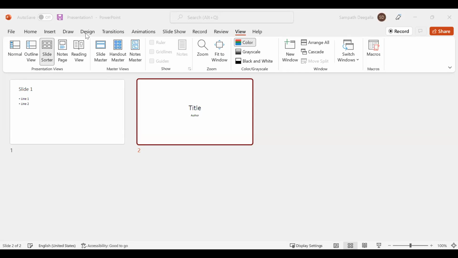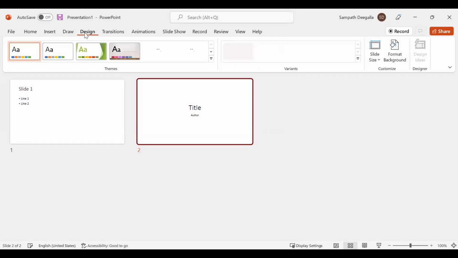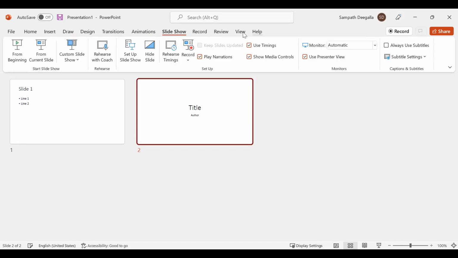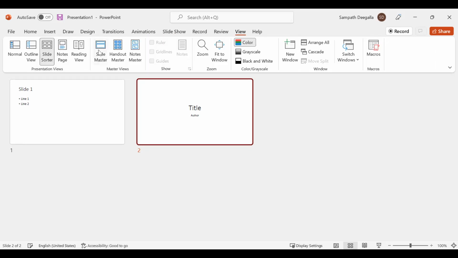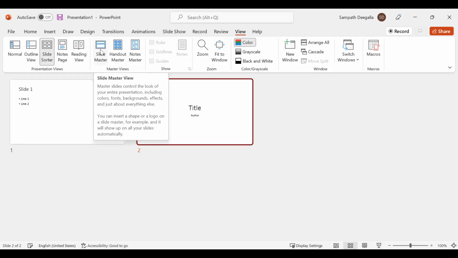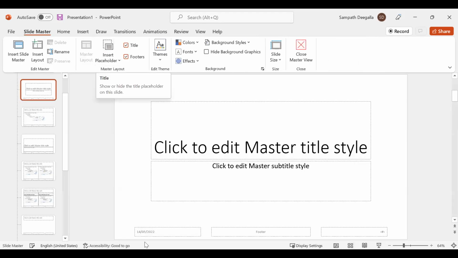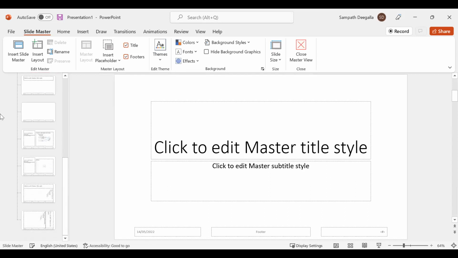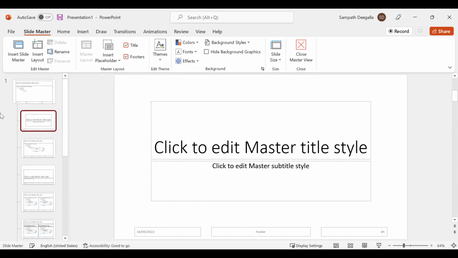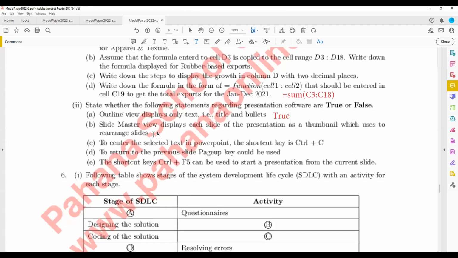Slide master is something else. That is how you handle the master slide. The titles, you can change how everything appears, but nothing to do with the arrangement. So the second one is false.